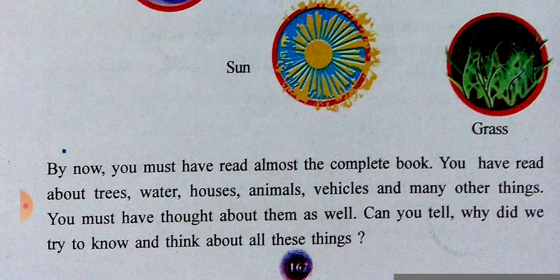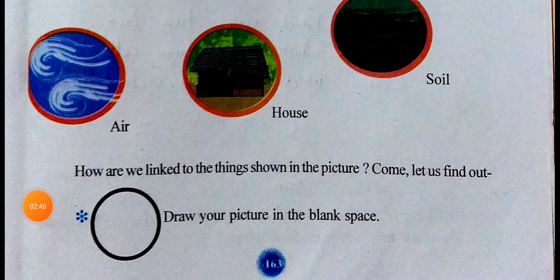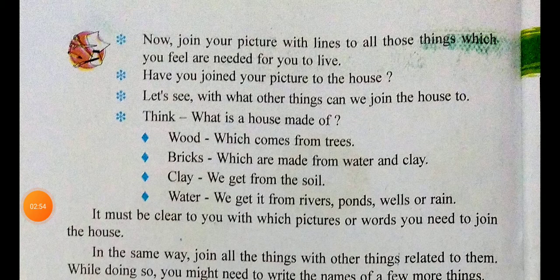Everything depends on each and everything. How are we linked to the things shown in the picture? Come, let us find out. Now join your pictures with lines to all the things which you feel are needed for you to live a life.